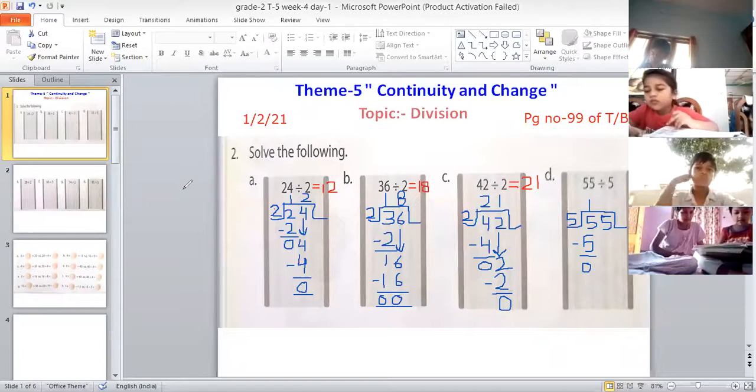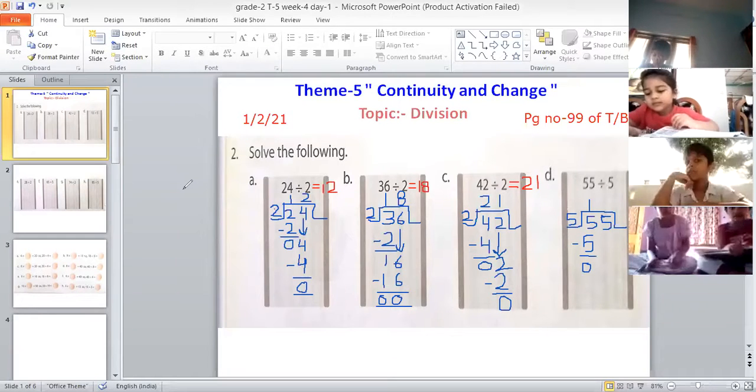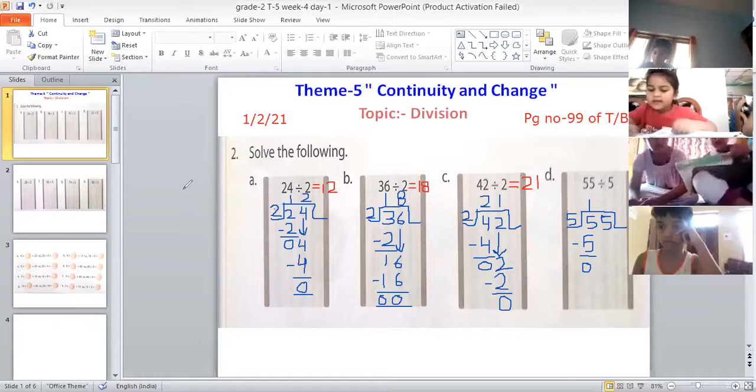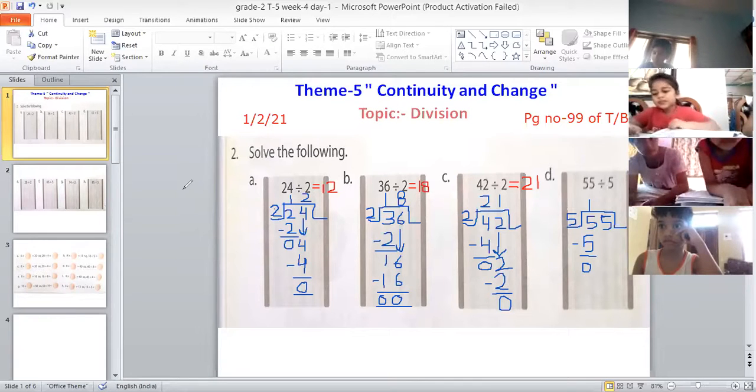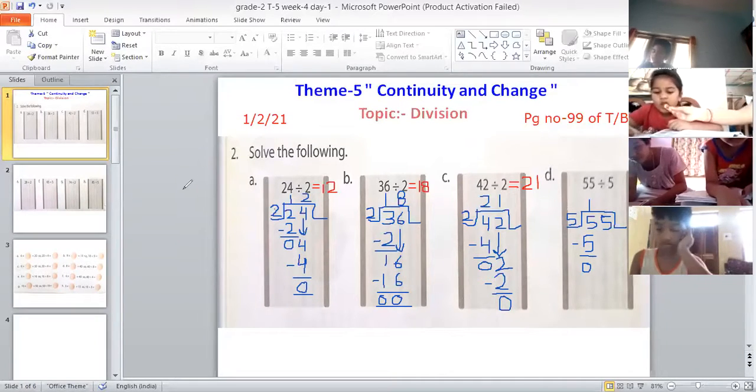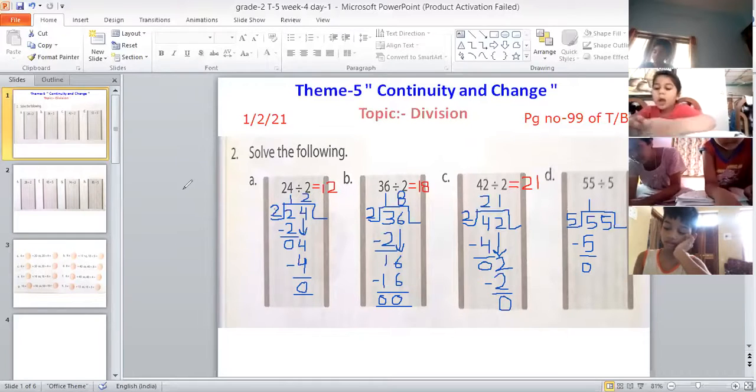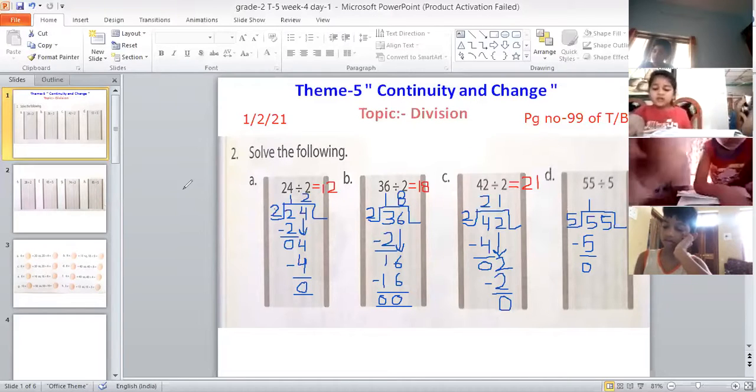Tanishka, tell me what we will do next. Can you see this 4th bit on your screen, Tanishka? Yes, ma'am. So we did 5 minus 5, 0. Now tell me what shall we do now? That 5 is left there.